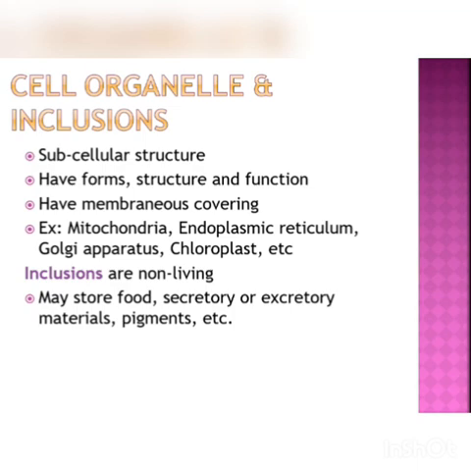They can help in storing secretory material, excretory material, pigments, etc. These types of materials can be stored within vesicles. So a vesicle within a cell acts as an inclusion, right? So these are non-living and they help in various ways like storing food, secretory material, pigments, etc.